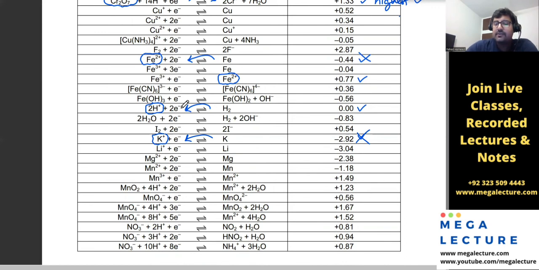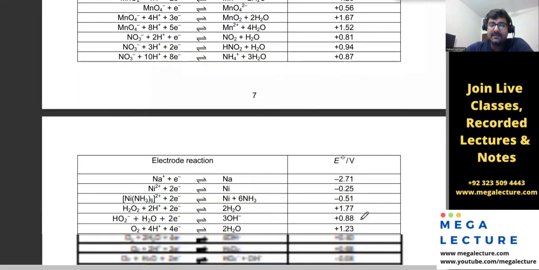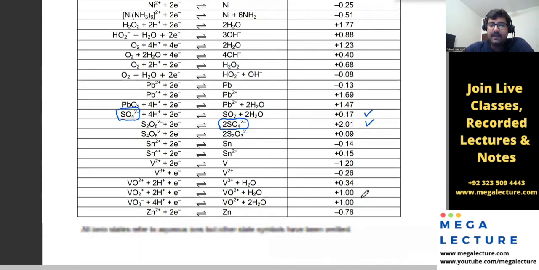So hydrogen cannot lose electrons because I don't have it. Reject that one too. Who's the lowest now? In the equal space you got 0.17, right? So 0.17 is the lowest. So 0.17 is going to lose electrons. It won't because I don't have SO2. SO2 cannot lose electrons.